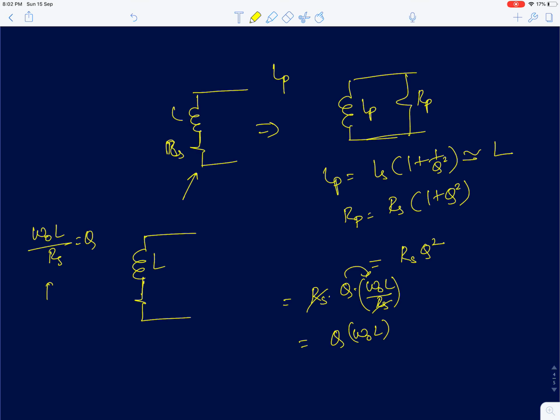So Rs, for a series inductor, is going to be omega naught L by Q. A series resistor can be modeled like this. See, here I have not used Rs anywhere in the circuit. Q already captures losses, so instead of series resistance Rs, I can write it in terms of the inductor as omega naught L by Q.